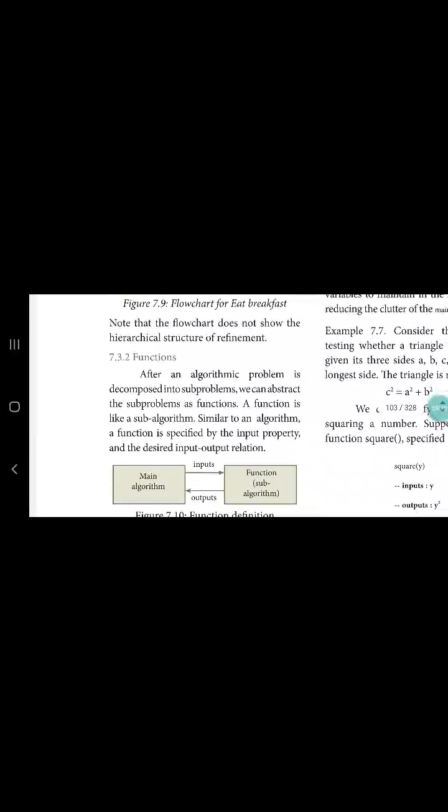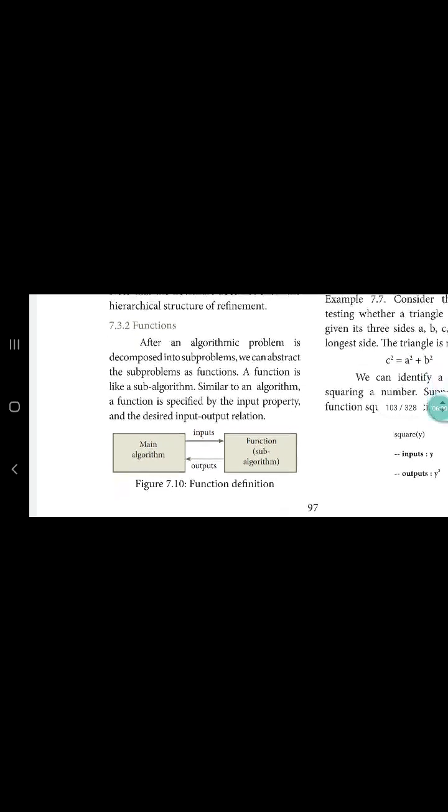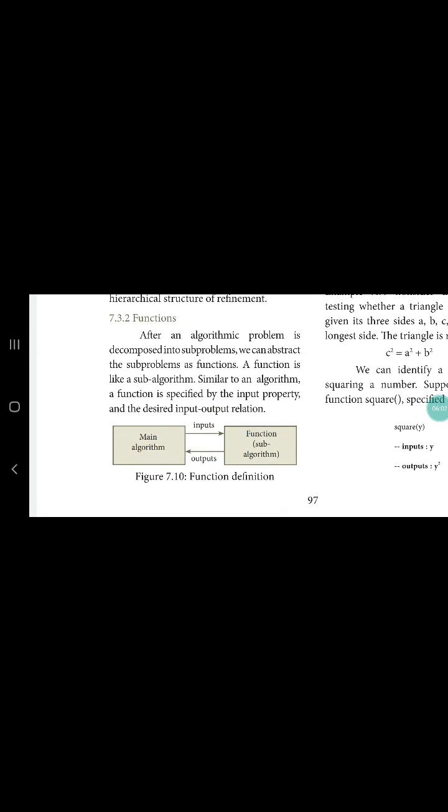And the next topic is functions. Functions: an algorithmic problem is decomposed into sub problems, and each and every sub problem is called a function. A function is like a sub algorithm. Here one example is given, the function definition, showing how to represent the main algorithm, input and function, that is the sub algorithm, and the output from the sub algorithm is transferred to the main algorithm.